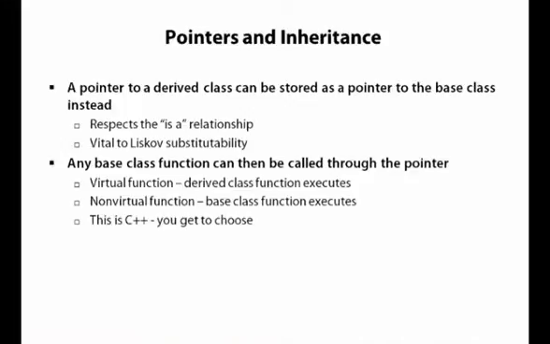But if the author of bank account made get balance non-virtual, which is the default because it's the fastest, then only the bank account version will be executed, even when the object in question is really a savings account or really a checking account. You as the developer get to choose whether you want virtual functions or non-virtual functions.